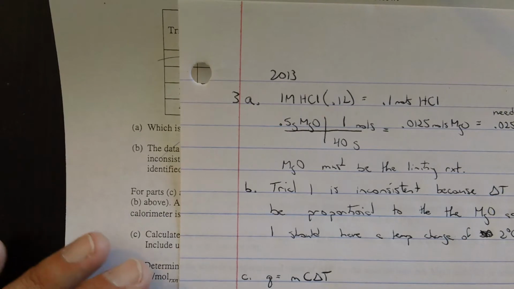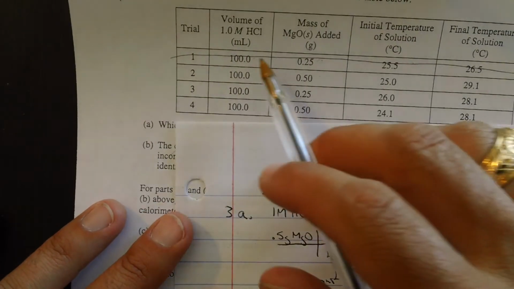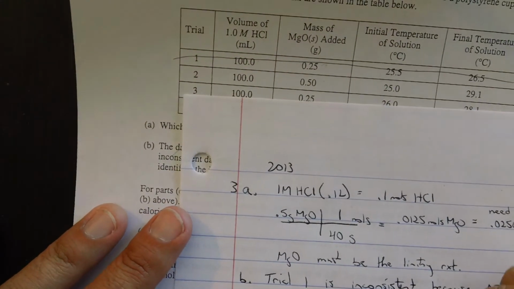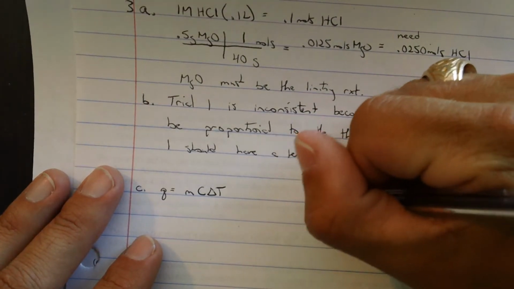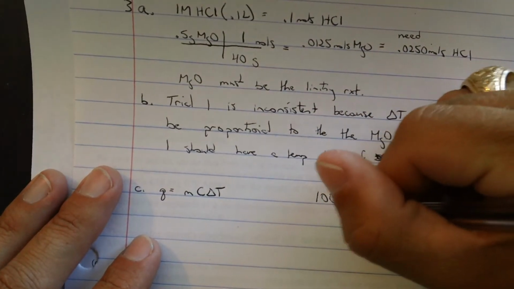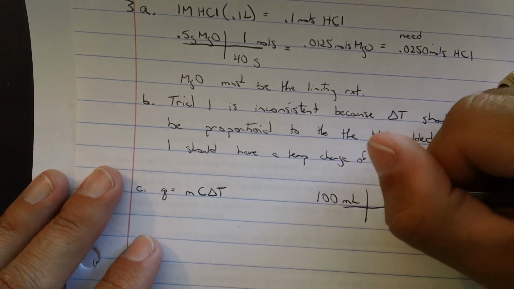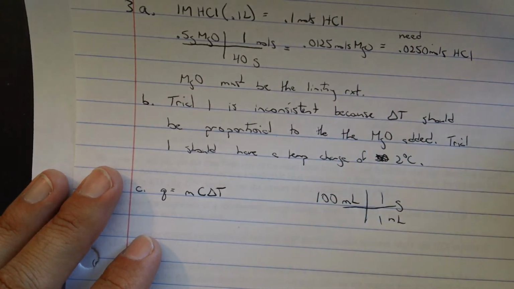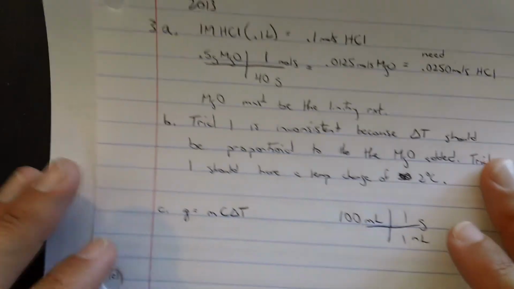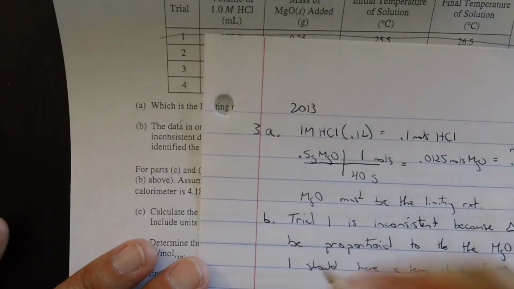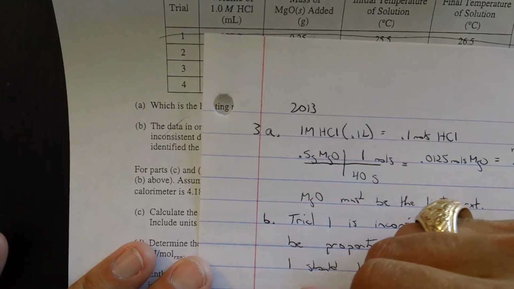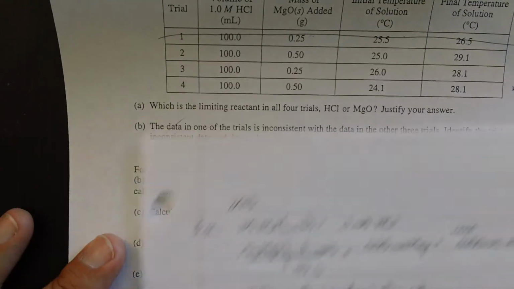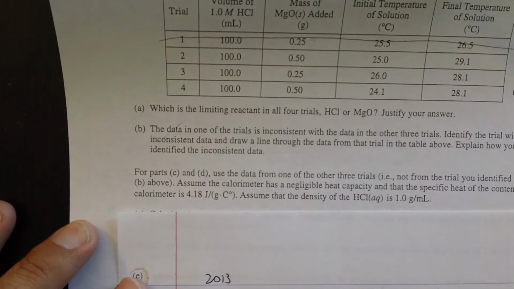And so our 100 milliliters of HCl we turn into grams, right? And I don't even know that you have to show this work, but 100 mils, and it tells us this is milliliters to grams is 1 gram per 1 milliliter. So if you don't show that work, that's okay, I think. The mass of that solution is 100 grams. They didn't include the grams of magnesium in there.